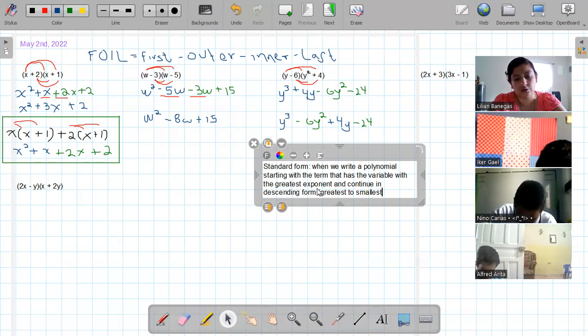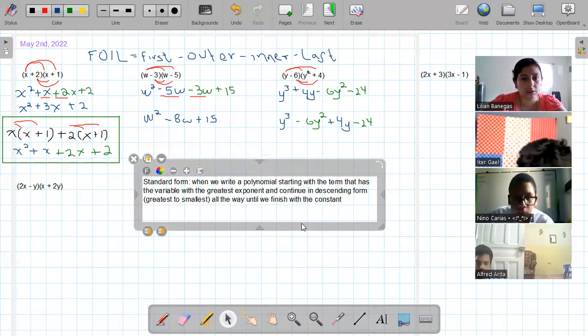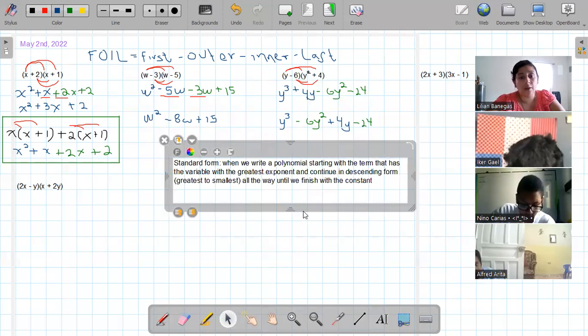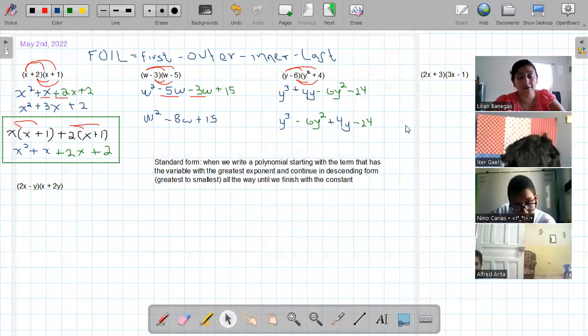Okay, so greatest to smallest, that's what it means, all the way until we finish with the constant. So this is one definition that we need to know. And you know now that it's not necessarily that you will have a trinomial. You will have a trinomial if and only if both binomials have exactly the same exponents, okay?